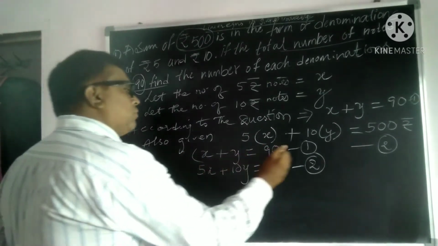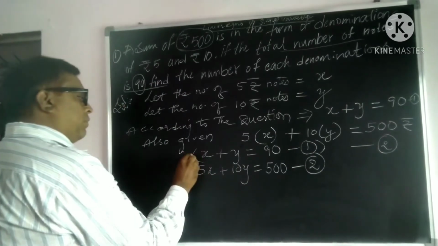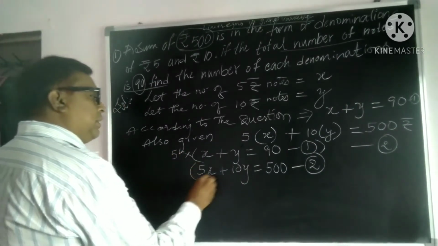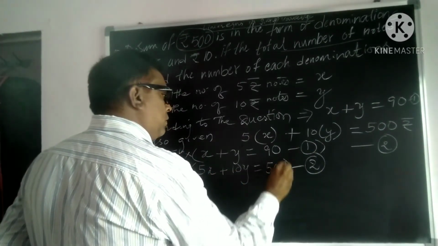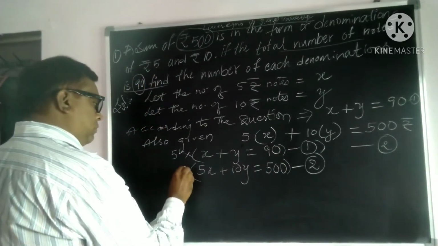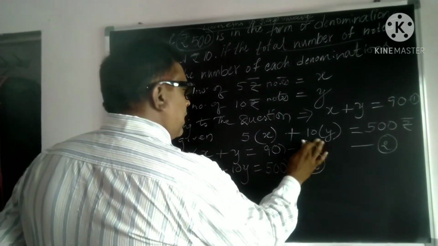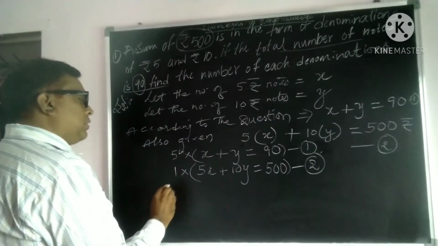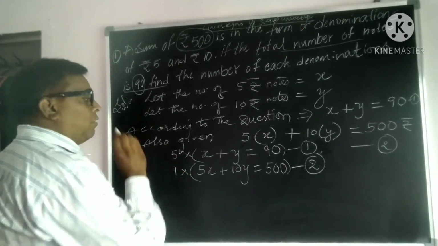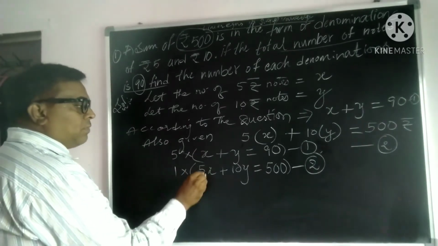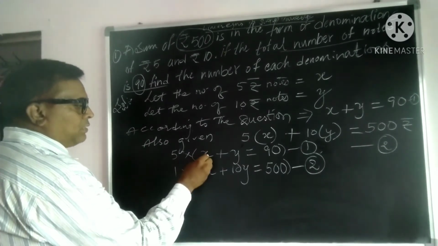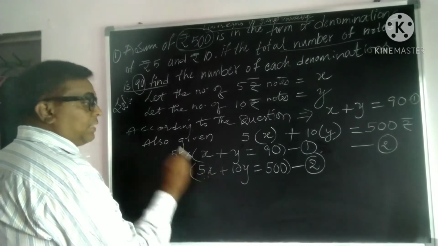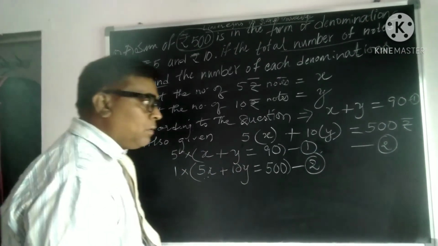So we multiply equation 1 by 5 and equation 2 by 1, to make the x coefficients equal. Remaining we will solve later.